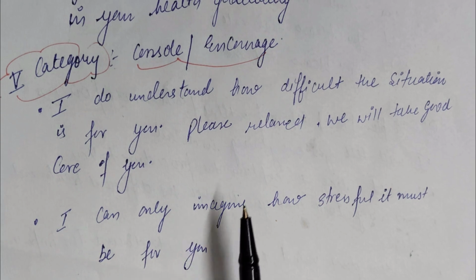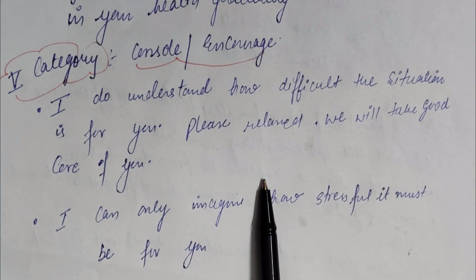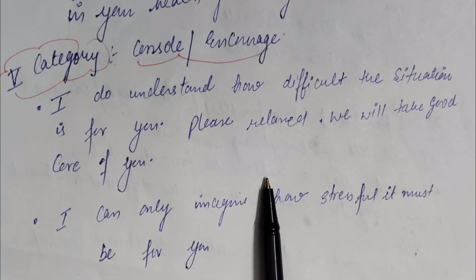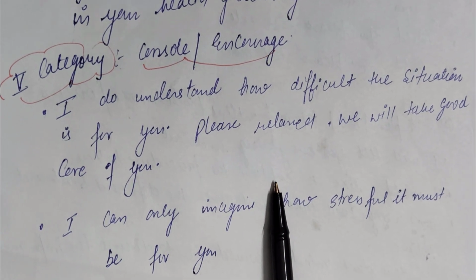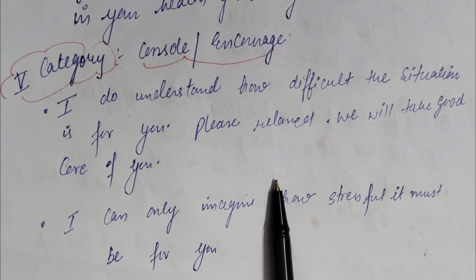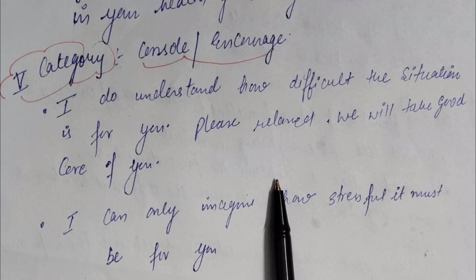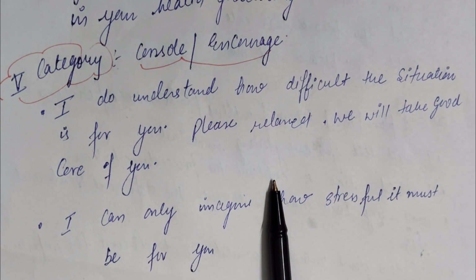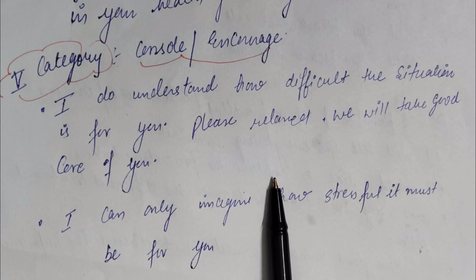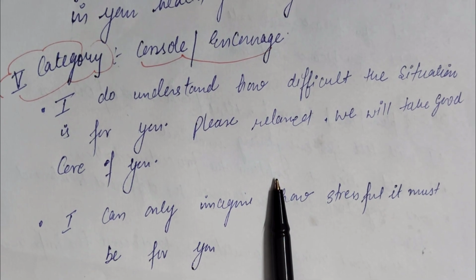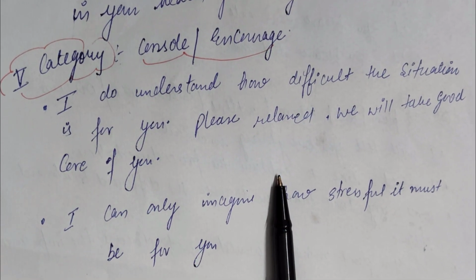So here we can provide empathy to the patient. Empathy can be direct or indirect. Direct empathy is when we faced the problem in our past and we tell the patient that in your place, I also experienced the same problem.